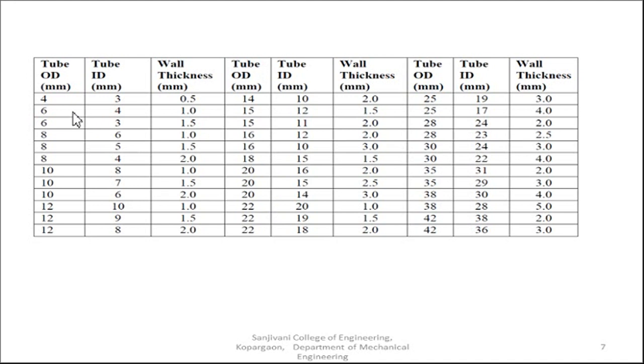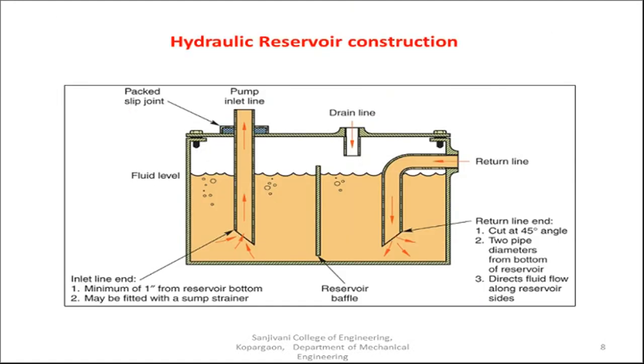You can see 12, 14, 16, then 25, 28, 30, 38, 42. These are different sizes, and tube inner diameter and wall thicknesses are different for each.